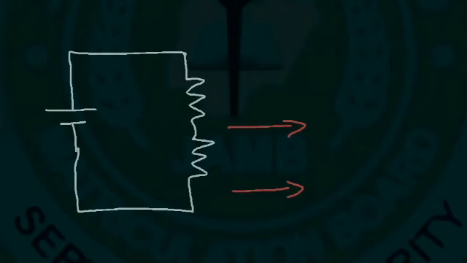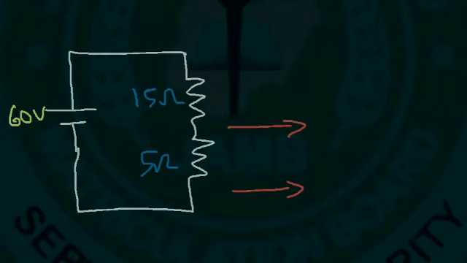So let's say this is 5 ohms and this is 10 ohms. Actually, let's say it's 15 ohms. And the voltage across the circuit is 60. What is the voltage across the 5 ohm resistor? First, let's find the current through it. The total resistance is 15 plus 5, which is 20.